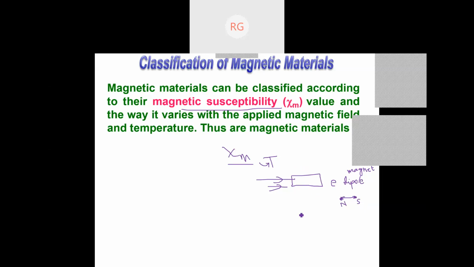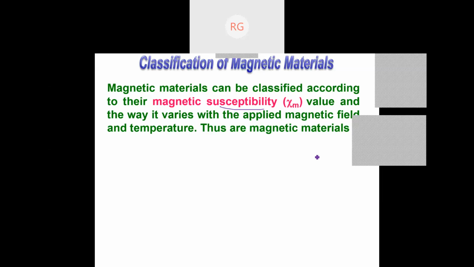So based on these various methods, the magnetic materials can be classified based on magnetic susceptibility, the behavior of the magnetic material in the external magnetic field, and how the orbital, spin, or total dipole moment is oriented in a given material.